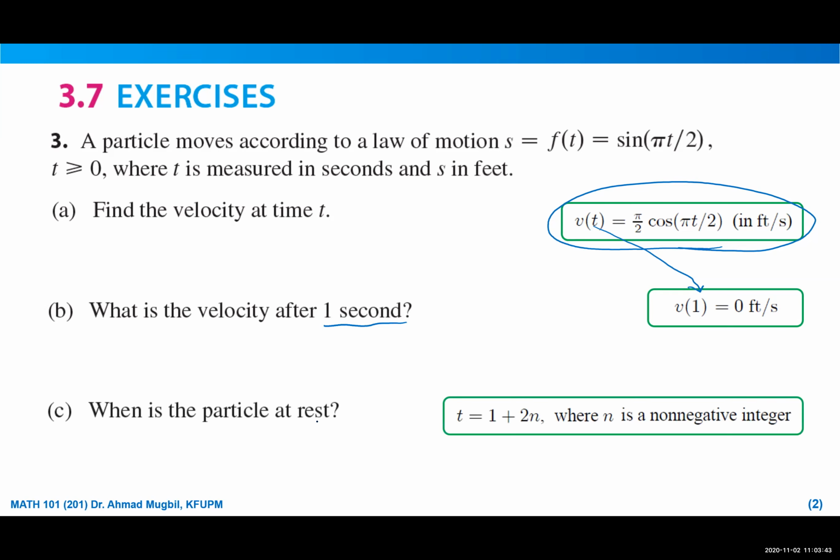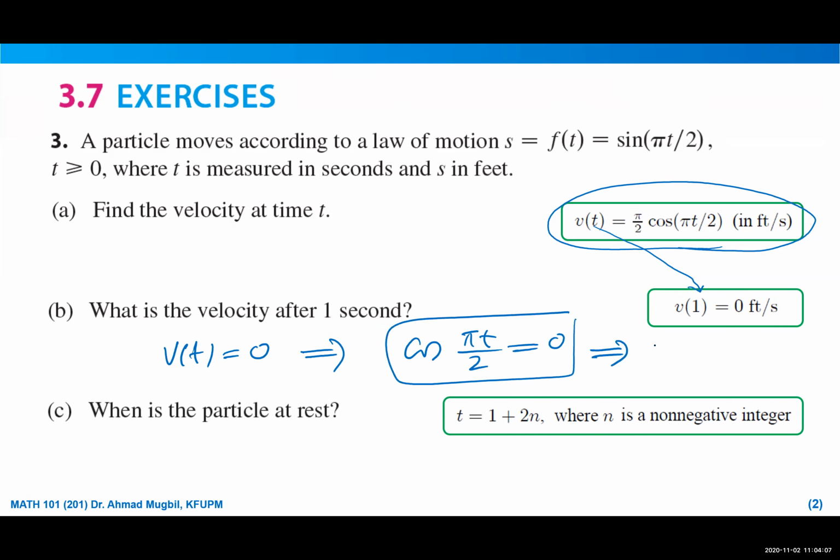So when the particle is at rest, this means when the velocity is 0. So this implies that pi over 2 cosine pi t over 2 equals 0. Now, pi over 2 is not 0, so divide both sides by pi over 2, and the cosine will be 0. Cosine what equals 0? This is a trigonometric equation, how to solve it.